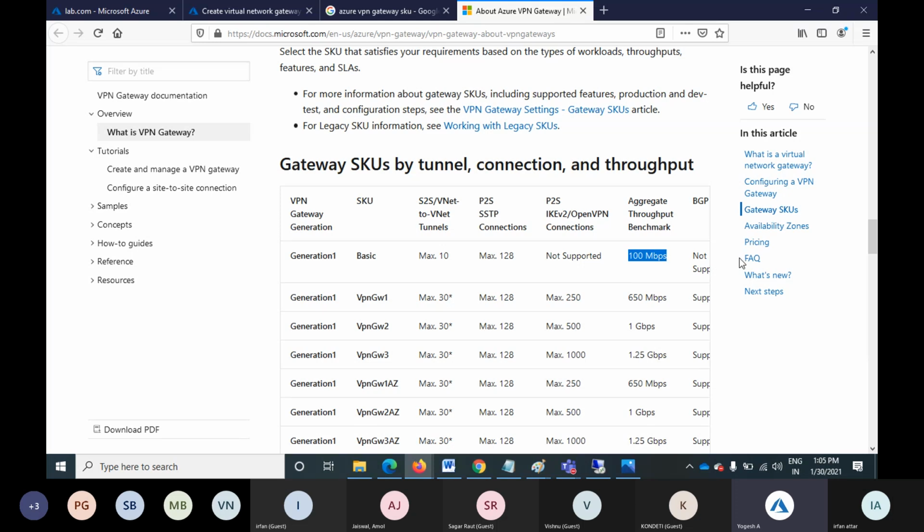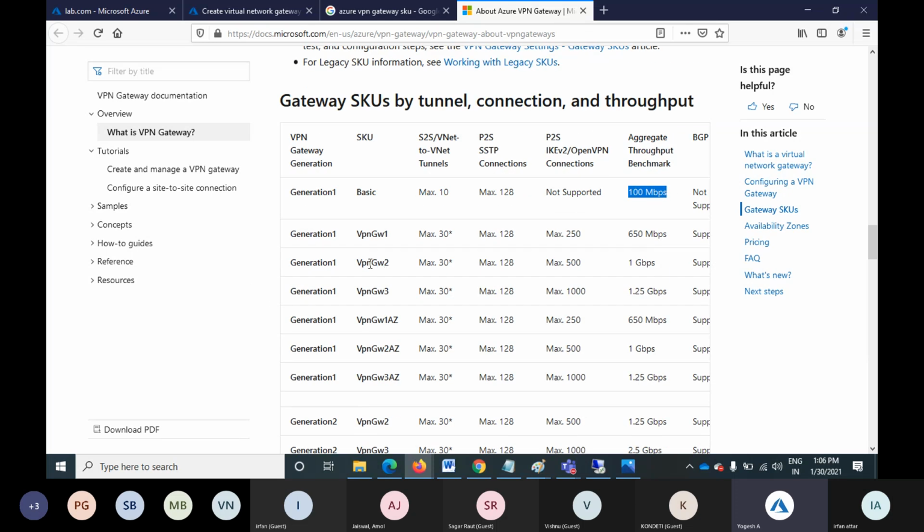When you design the infrastructure or the firewall, first you need to design for throughput, checking how much throughput you are going to use. It completely depends on throughput. With VPN gateway 2 you will get 1 Gbps throughput, and VPN gateway 3 gives 1.2.